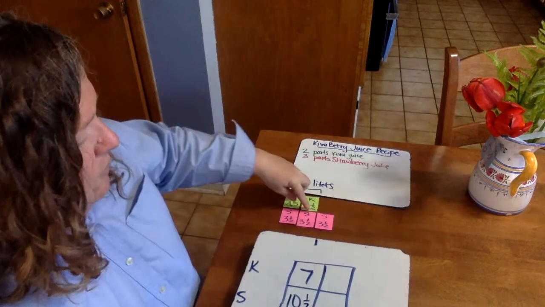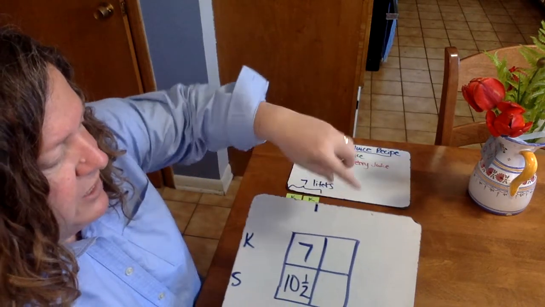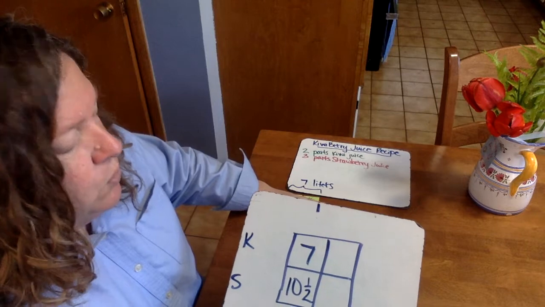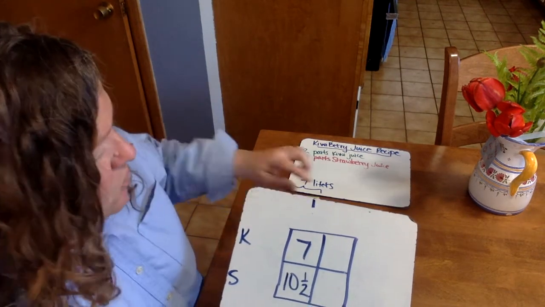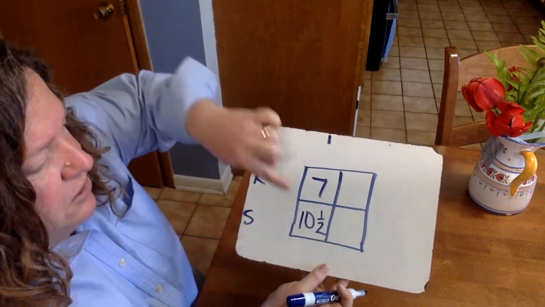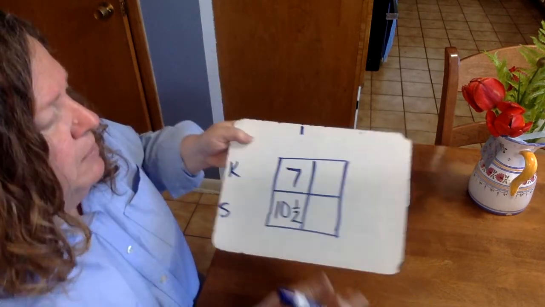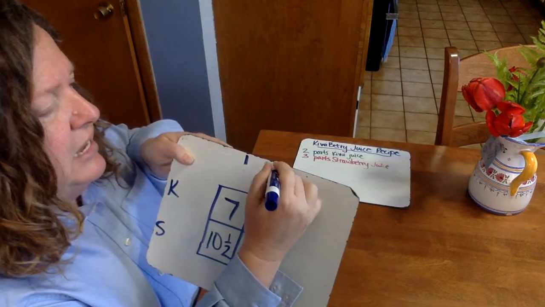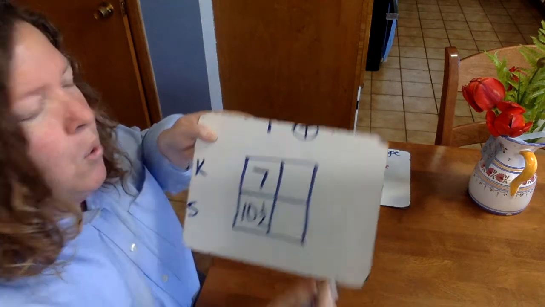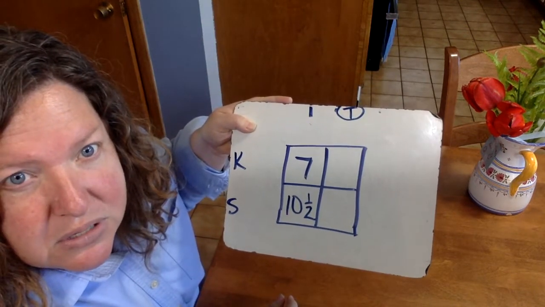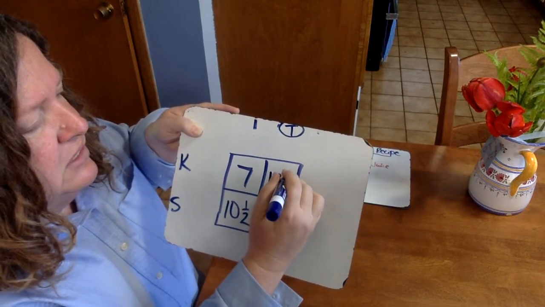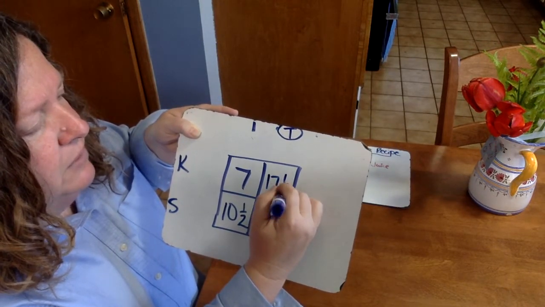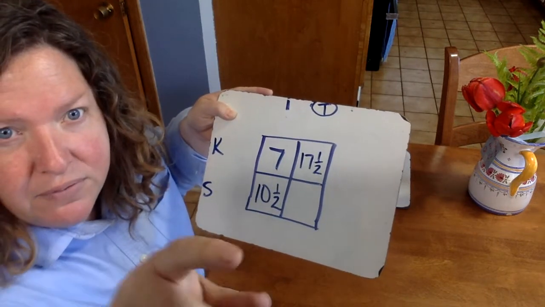Now, when we're figuring out the rest of the factor puzzle, we then want it compared to the total juice this time. So one recipe is 7 liters to 10.5 liters, but I'm going to put a T for total amount of juice. So this is 7 to 17.5. Isn't that what we decided?